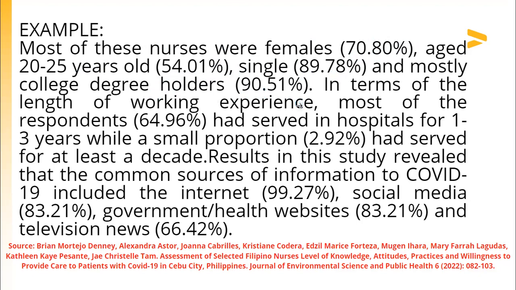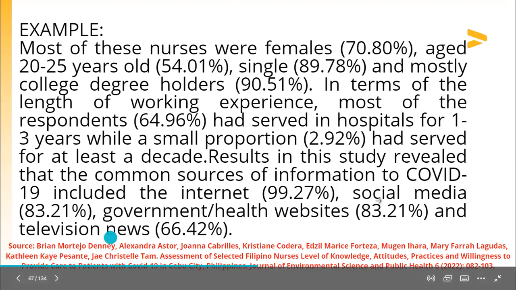And in terms of length of working experience, most of them have served the hospital for 1 to 3 years, while a small proportion had served for at least a decade, represented by 64.96% and 2.92% respectively. And the results of this study revealed that common sources of information on COVID-19 include the internet, 99.27%, social media, government health website, and television news.